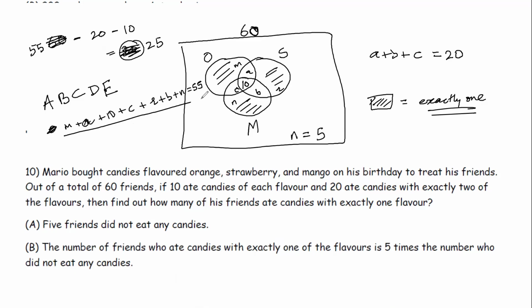Understood? Because all 60 are not within the circles, only 55 are. Now A, C, and B we know is 20. So M plus 10 plus R plus N plus 20 is equal to 55.